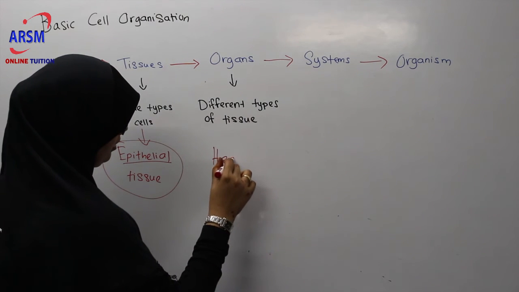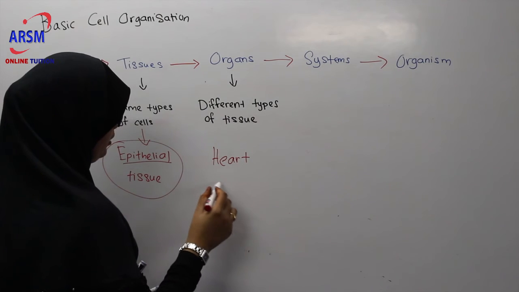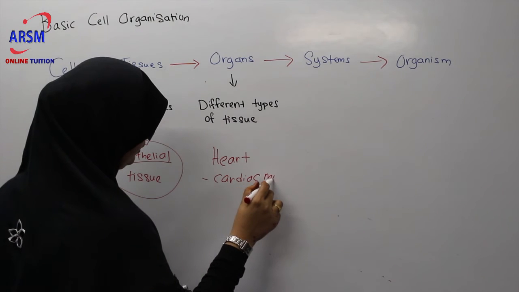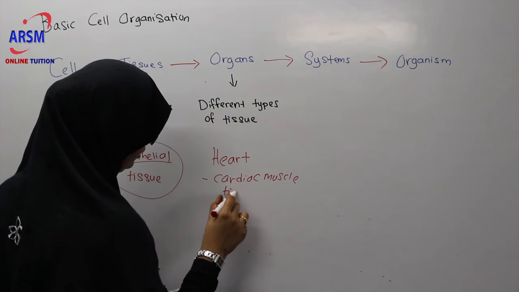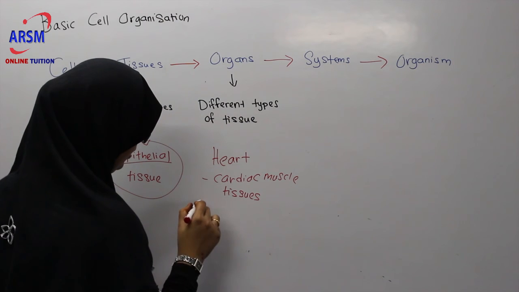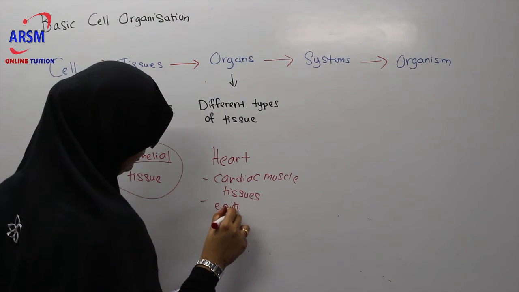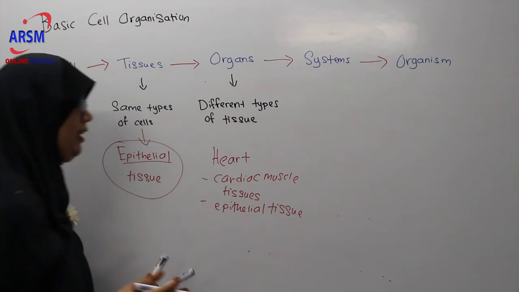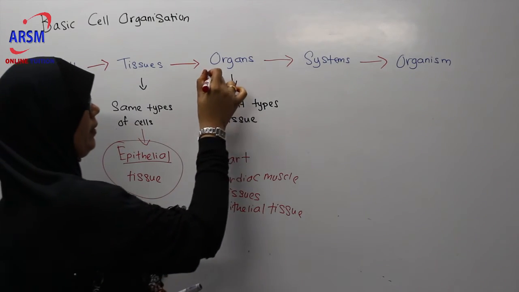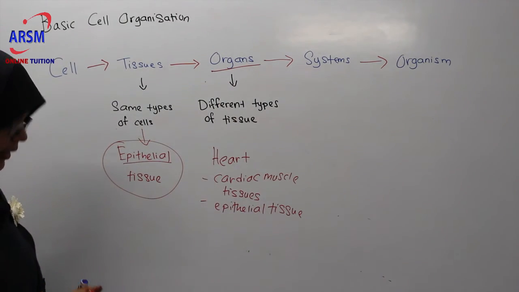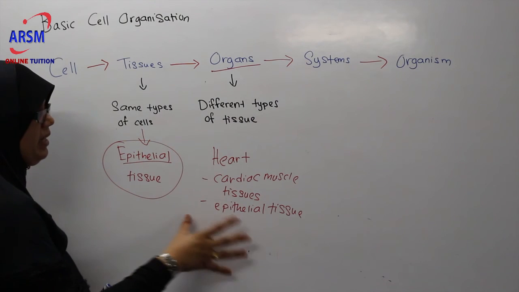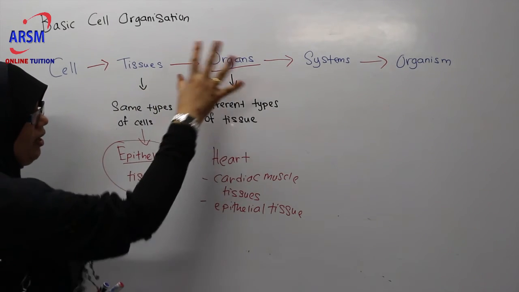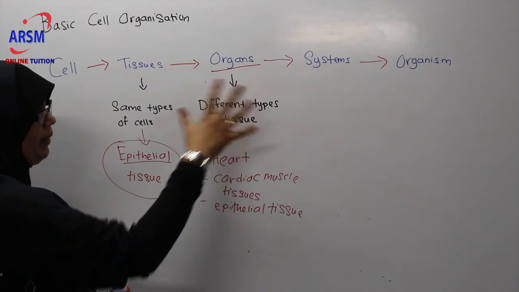In the heart we have different tissues, such as cardiac muscle tissues, and we have epithelial tissues. So different types of tissues combine together to form an organ. Tissues are different from organs. Tissue, same type. Organs, different types of tissue form an organ.